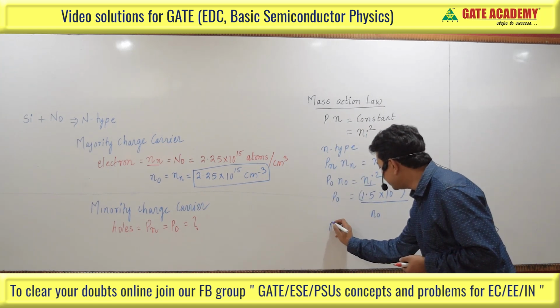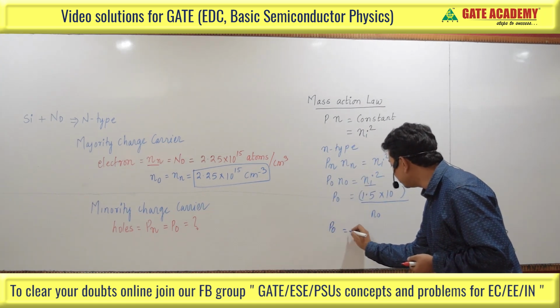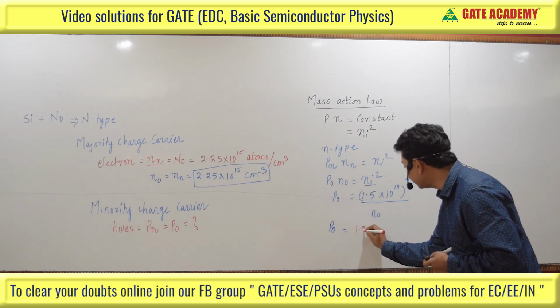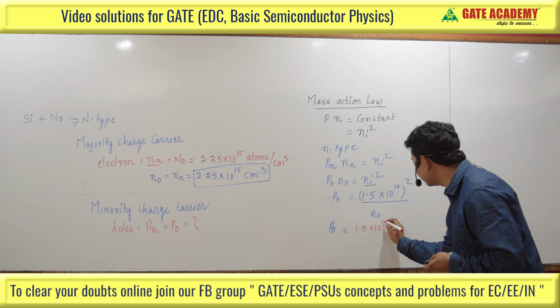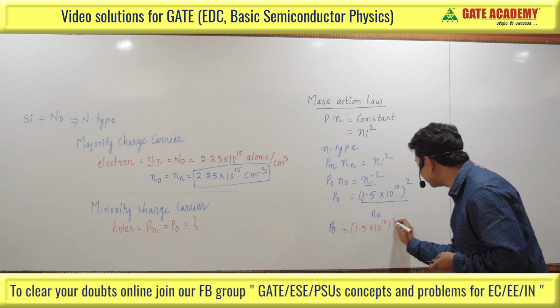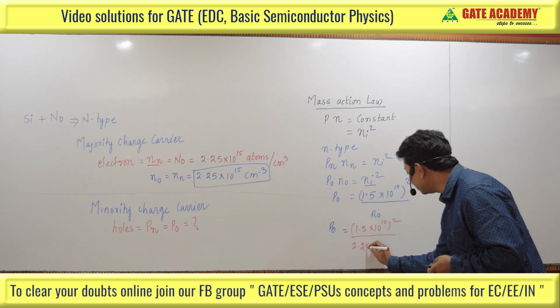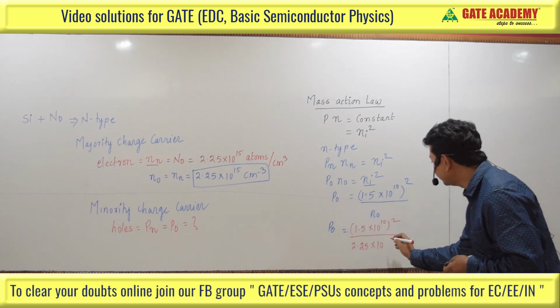So we can apply this: P naught is equal to 1.5 into 10 to the power 10, the square of this one, divided by 2.25 into 10 to the power 15.